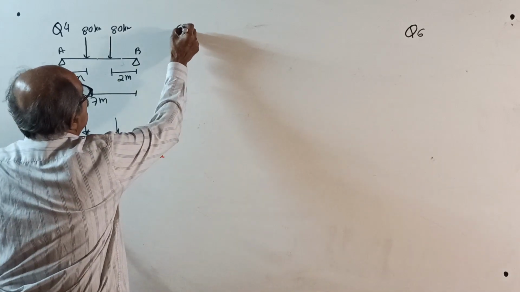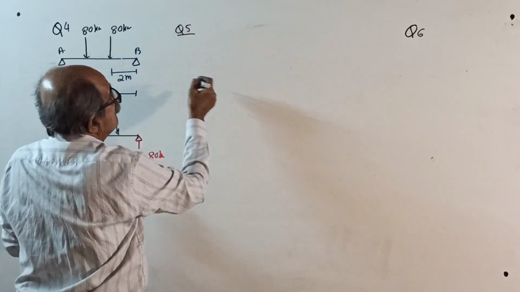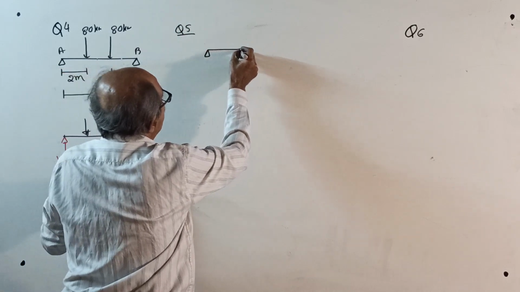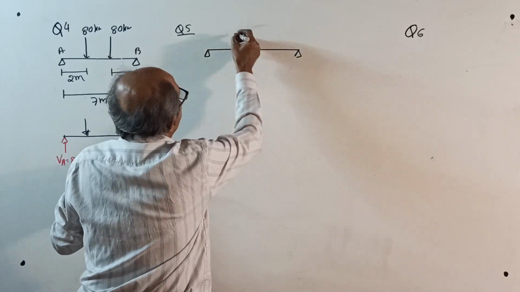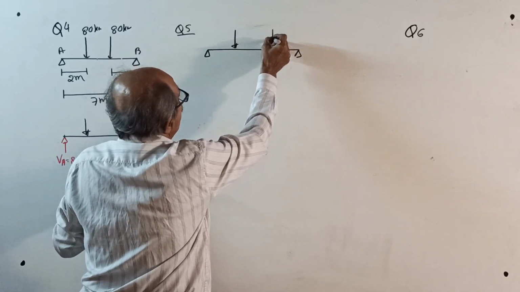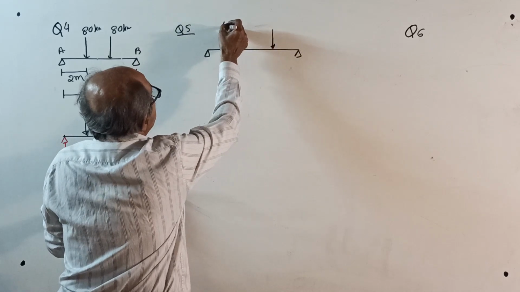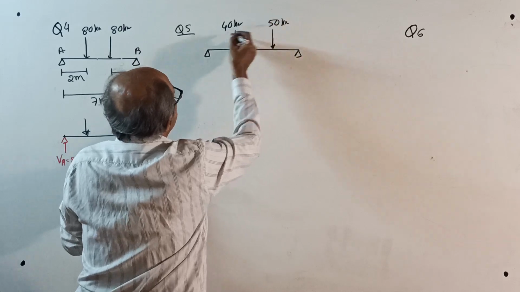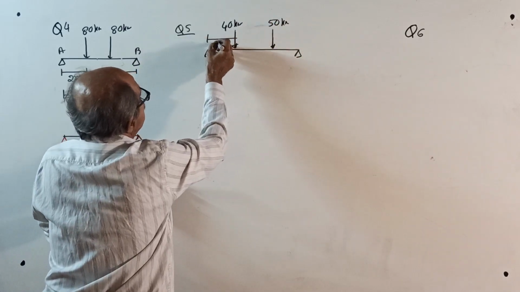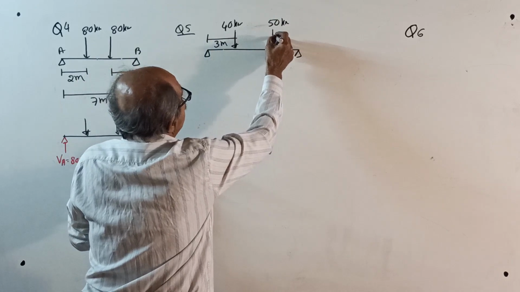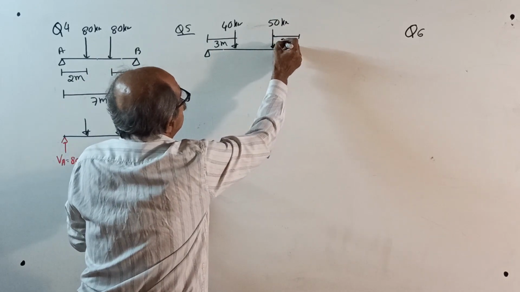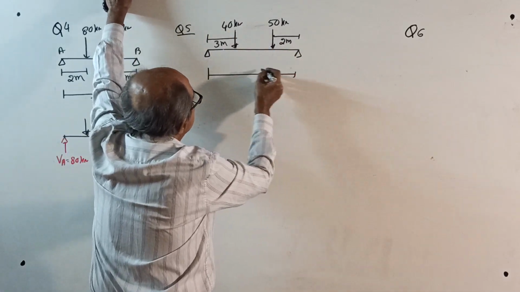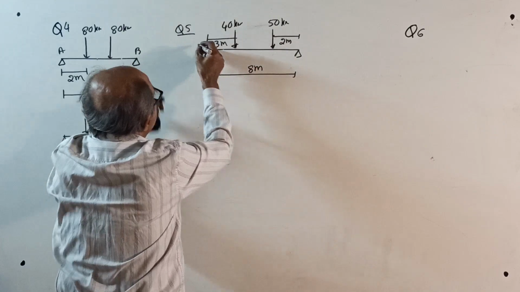Question 5. 40 kilonewton and 50 kilonewton. 40 at 3 meter from here, 50 at 2 meter from here. 3 at 5. Total span is 8 meter. AB.